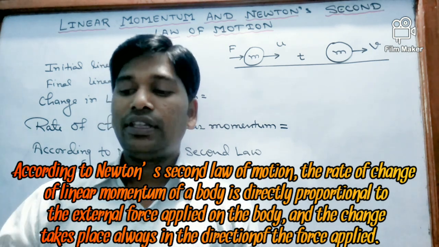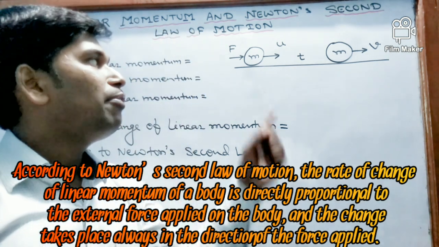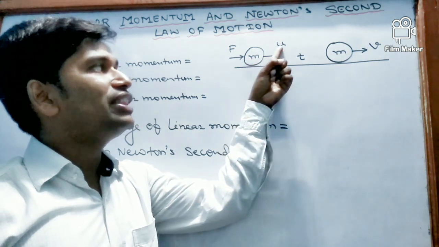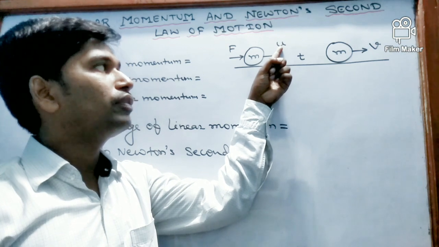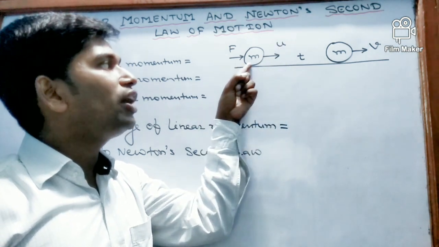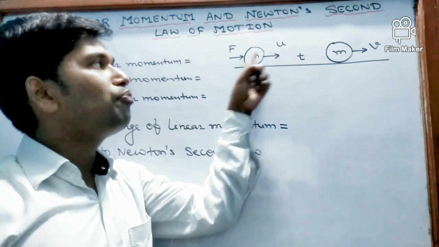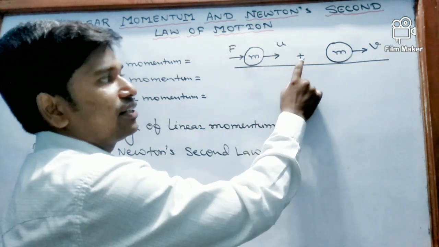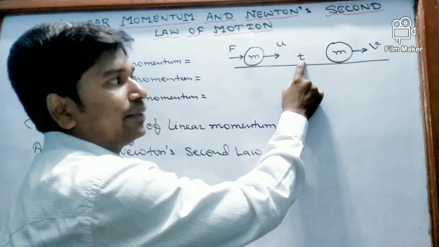So let us see. Let a body of mass small m moving initially with velocity u. A force F acts on the body in the direction of motion. This force acts for time t.